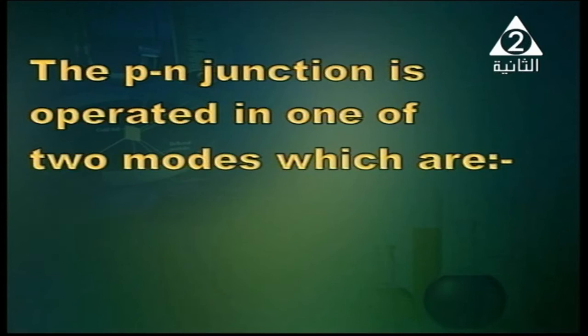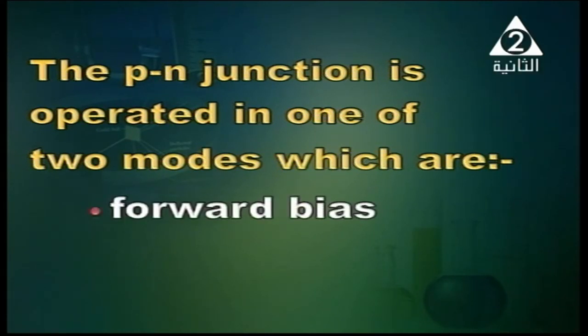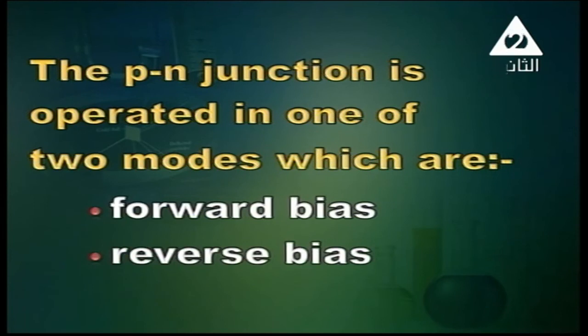As a matter of fact, the PN junction is operated in one of two modes, which are forward bias and reverse bias.